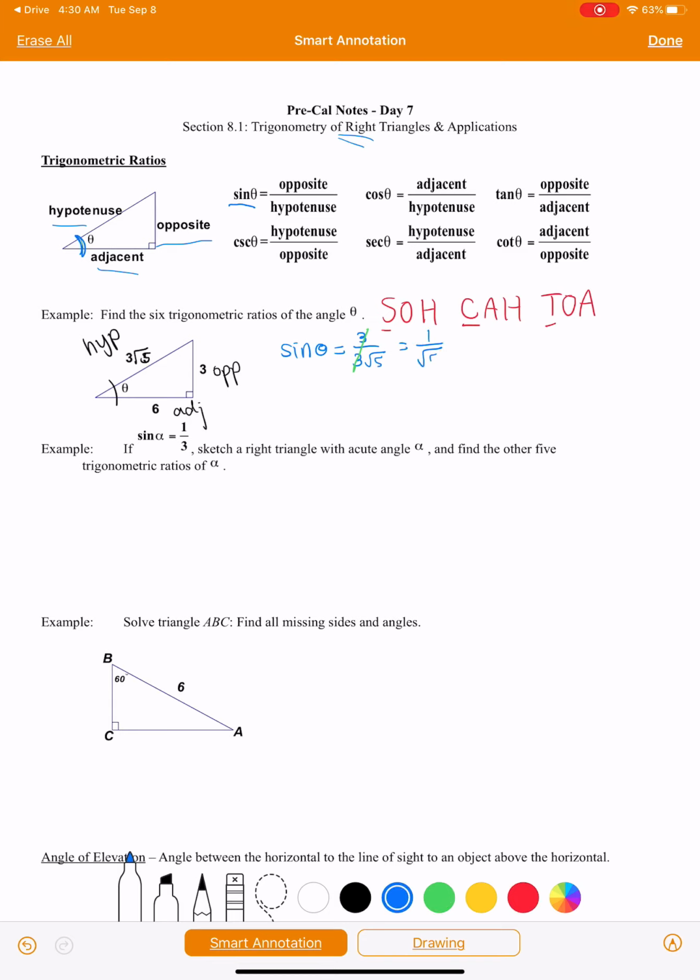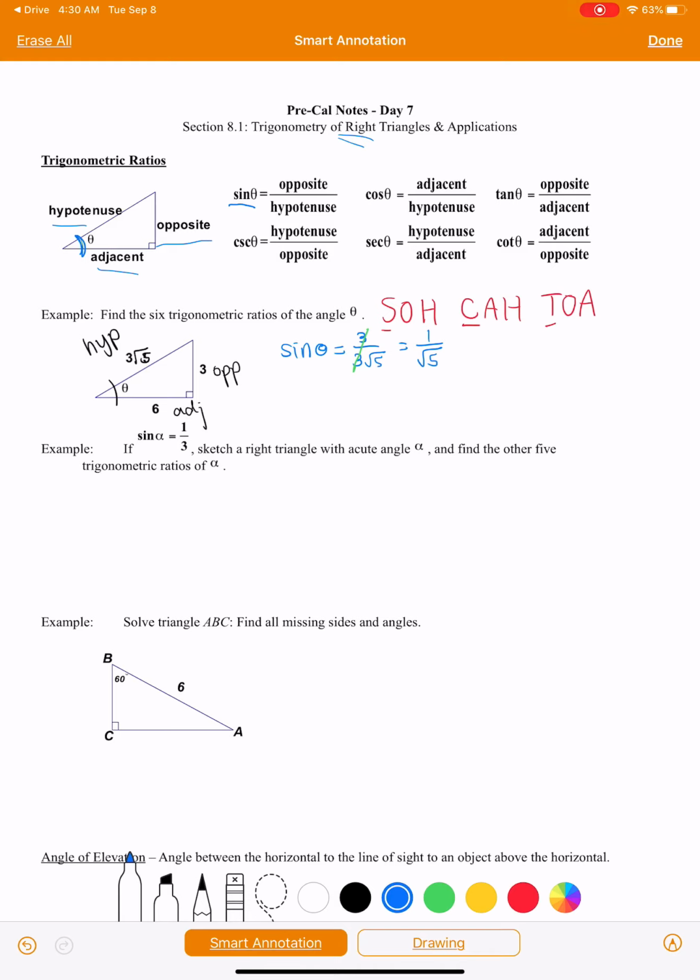Something we're going to be doing a lot in this class with the unit circle, which we will talk about next block more in depth, is something we call rationalizing.